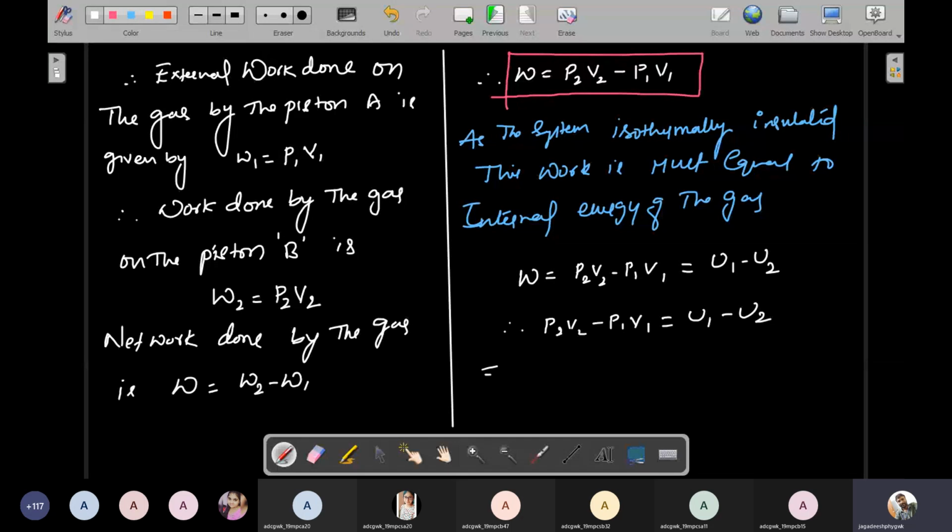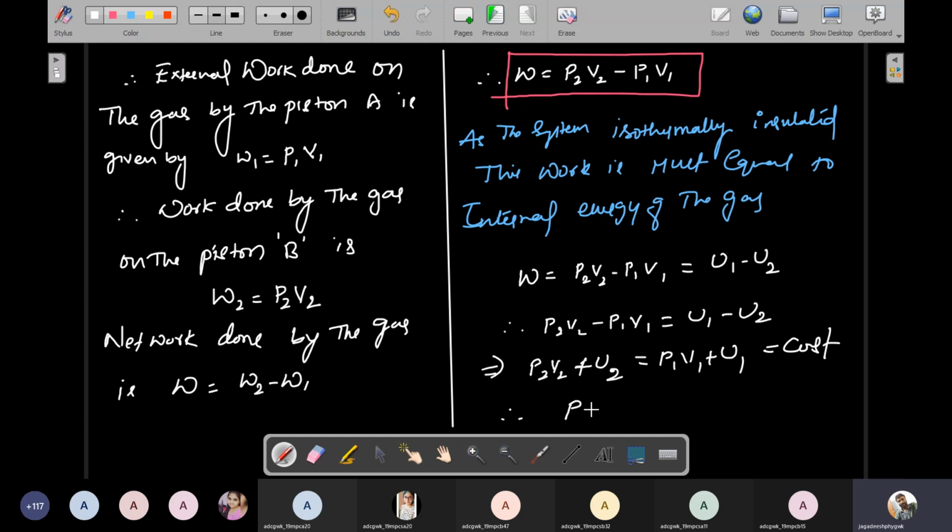So you rearrange this equation, U2 will come here and P1 V1 will move here. Therefore, P2 V2 plus U2 is equal to P1 V1 plus U1. So finally, this is equal to a constant, because another term is P3 V3 plus U3, and similarly it will be like so.